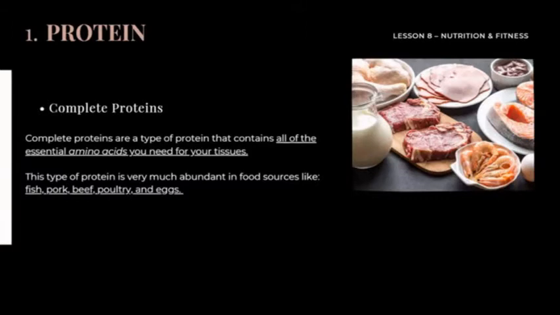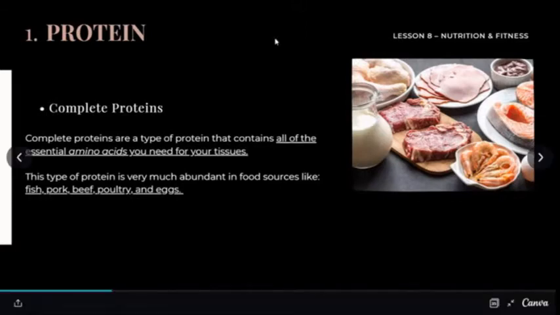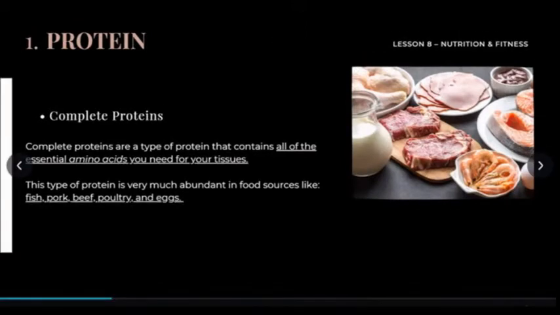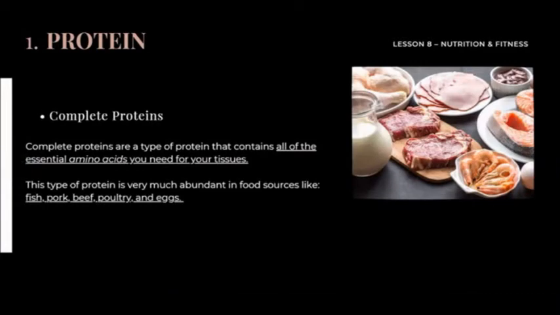And this type of protein is very much abundant in food sources like fish, pork, beef, poultry, and eggs. Or in short, complete proteins are usually found from animal sources. So this type of food gives the body the enough nutrients it needs for different important bodily processes like effective muscle contraction and internal organ functions.